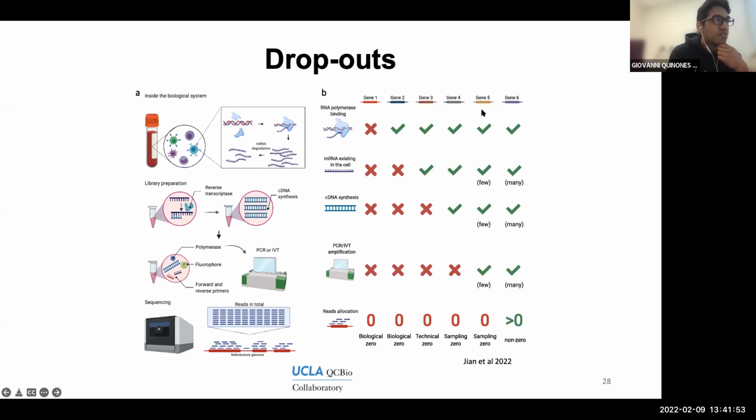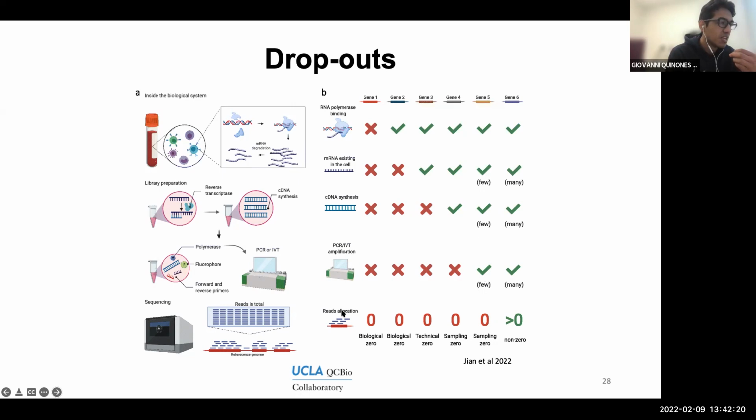On our fifth gene, we have the case where it goes successfully through all of our previous steps, and it's also successfully amplified. But as you can see, here it is labeled as few, meaning that even after the amplification process, there are still very few molecules for this particular gene.